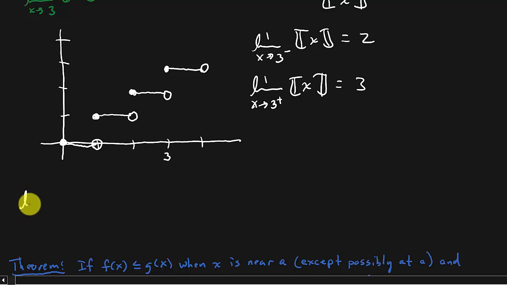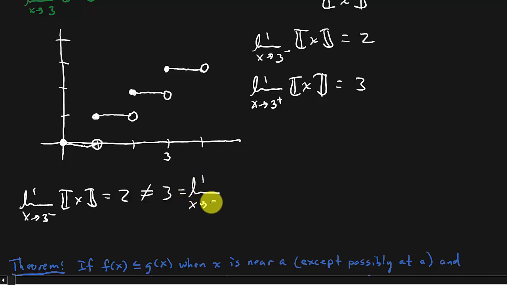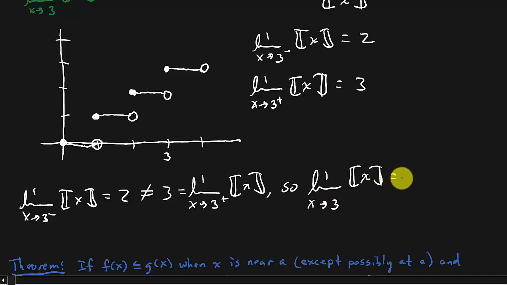Well, we've got the limit as x goes to 3 from the left is equal to 2, which does not equal 3, which is the limit as x approaches 3 from the right. Okay. So the limit as x goes to 3 of the greatest integer function does not exist. And that's showing that it does not exist because we showed that the limit from the left and the right are different.